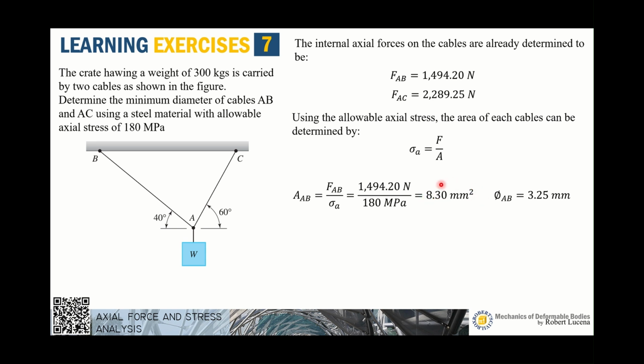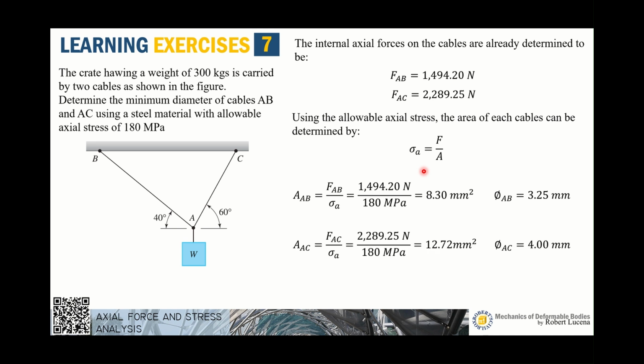Now, you equate this with the area of the circle involving pi and the diameter, you get a diameter equal to 3.25 millimeters. But in reality, you can round this up to 4 millimeters. You should not round down, because this will be unsafe, causing the working stress to go beyond the allowable stress because you reduce the area.